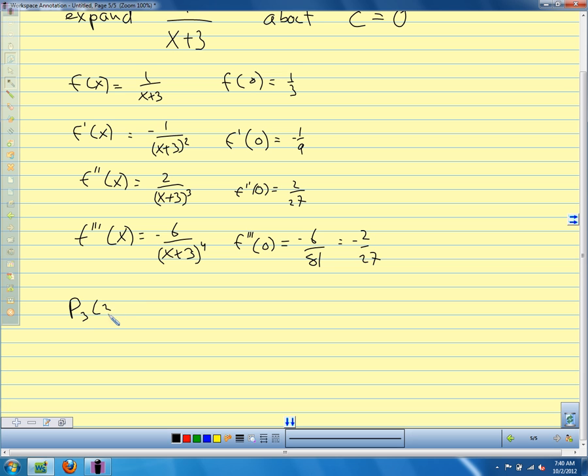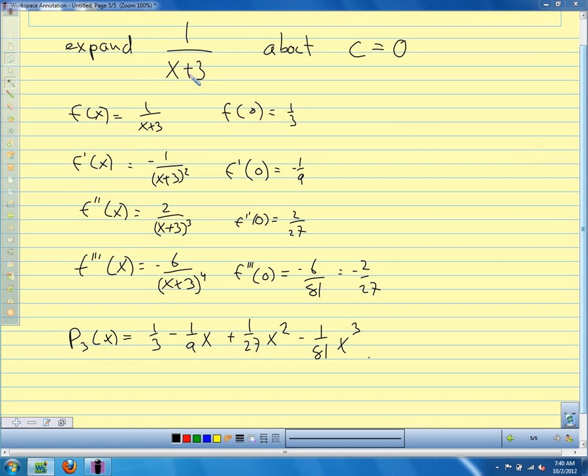So my P3 of x is 1/3 minus 1/9 x plus 1/27 x squared, minus 1/81 x to the third. So this is my approximation, expanding 1 over x plus 3 about c equals 0.